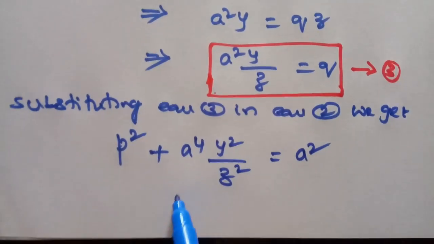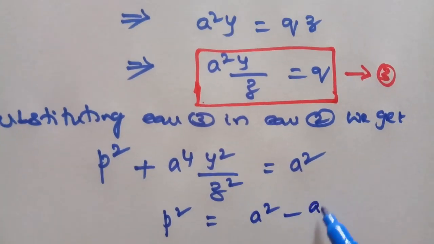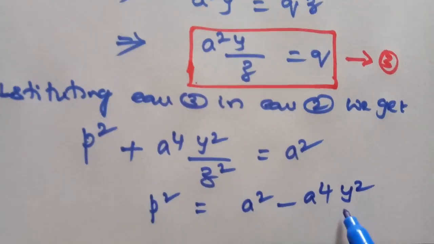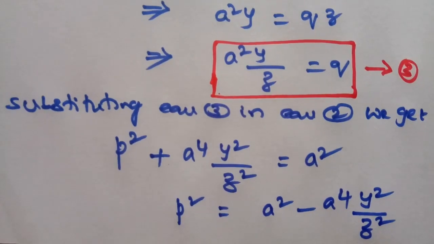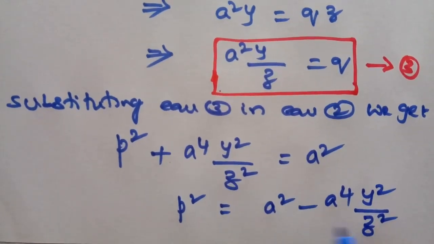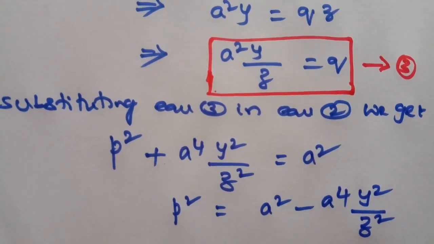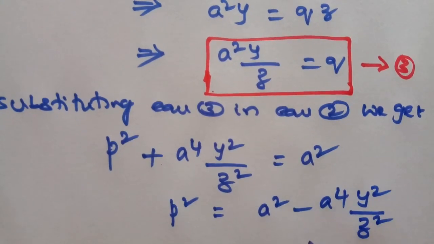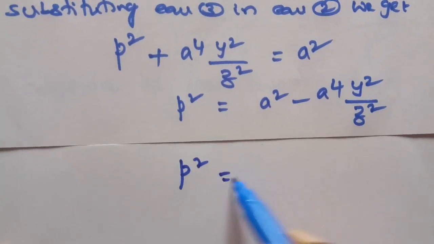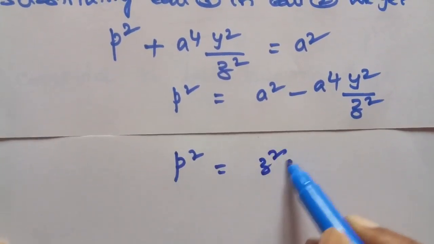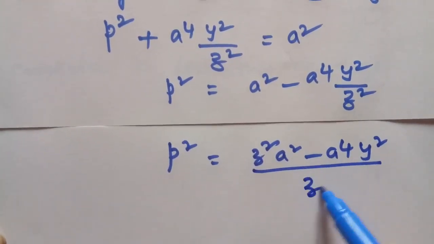Therefore, p square is equal to a square minus a power 4 y square by z square. This can also be written with a square as a common factor, so a square into, now take LCM, z square minus a power 4 y square by z square. P square is equal to, take LCM, z square a square minus a power 4 y square by z square.